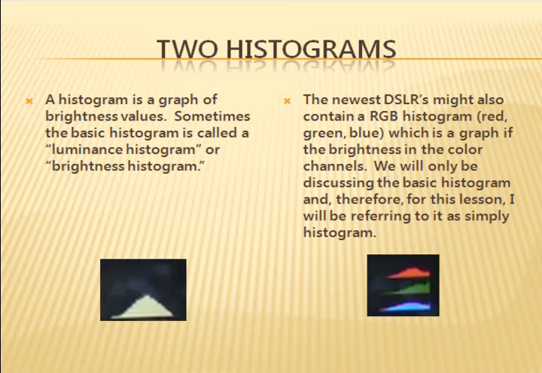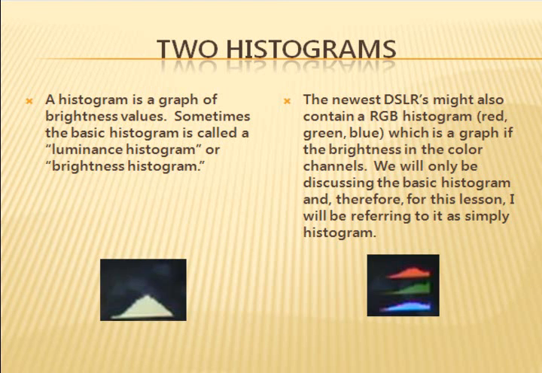But the other histogram that you may find on DSLR cameras is the red, green, and blue histogram. The RGB histogram, which is a graph of the brightness in the color channels, and we're not going to be discussing this one in this lesson.